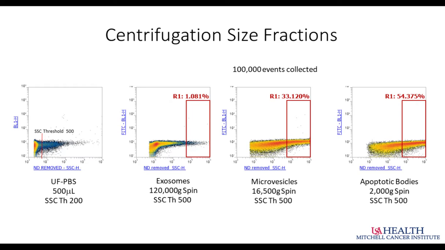Then our apoptotic bodies, which were the first spin at only 2,000 G, shift that density plot even further to the right, and now we're at about 54%. So not only do we have confidence that we're seeing the exosomes, but the other things that we know to be in an appropriate size range are all falling into pretty much the correct size zone. So when we see things like this, we have fairly good confidence that the instrument is seeing individual exosomes, and they're putting them on scale pretty much in the right spot in correlation to our reference beads.